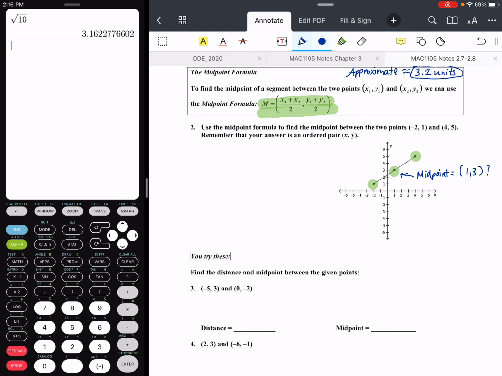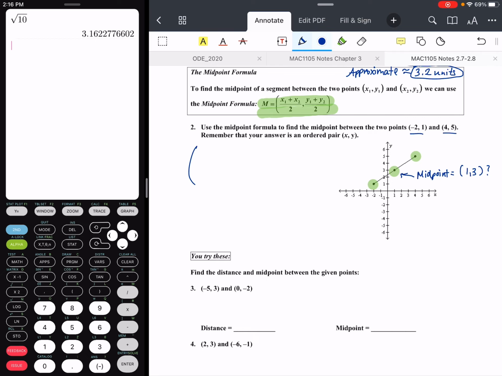All this formula is saying is take the average or the mean of your x coordinates and take the average or the mean of your y coordinates. So add up two numbers, divide by 2. That's the average or the mean between those two values. So here we've got (-2, 1) and (4, 5).